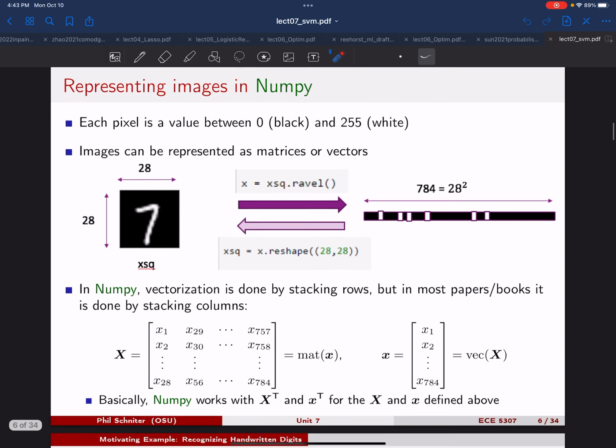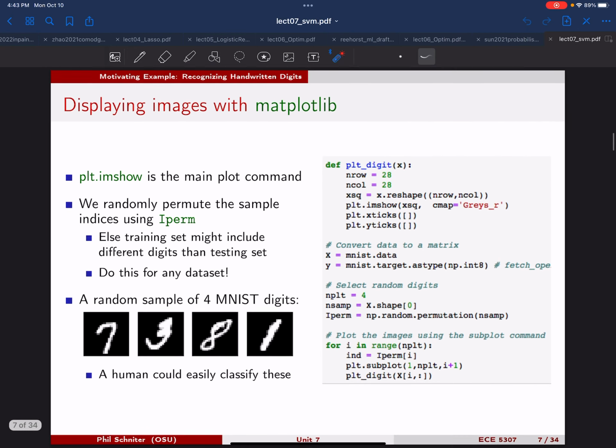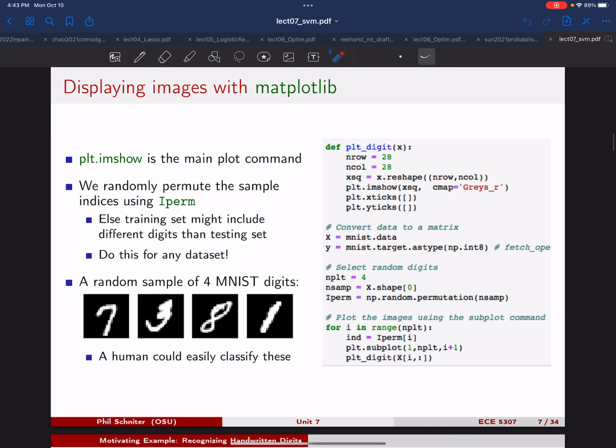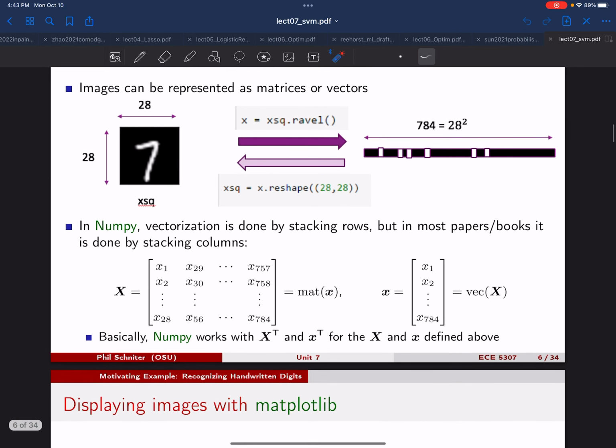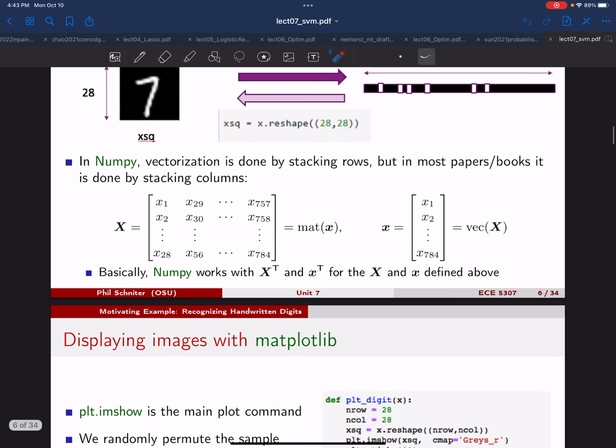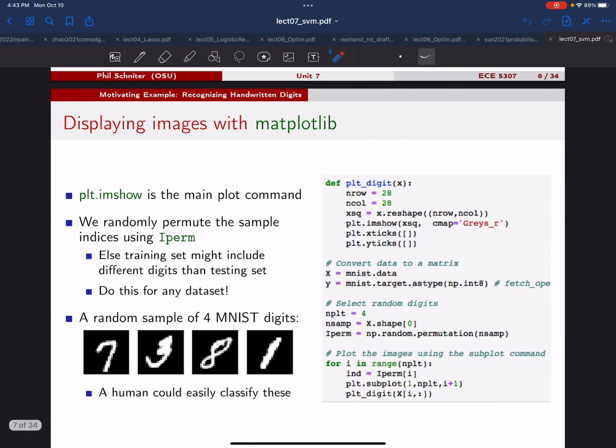Okay. So how do we plot things? We can use matplotlib, which is our standard plotting library that we've seen until now. The main command we use is imshow. Here's a little function that takes in a vector x, this representation here. We're always looking at 28 by 28 images, so these numbers are hard-coded here.